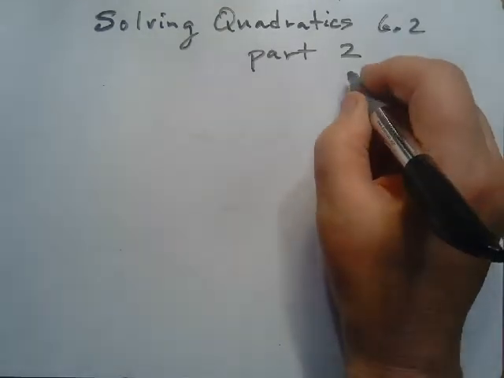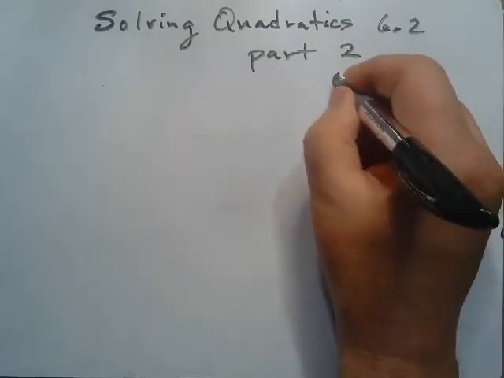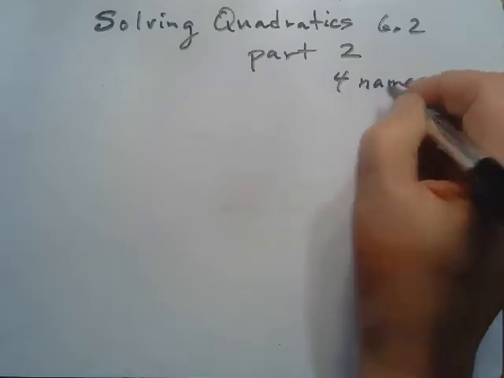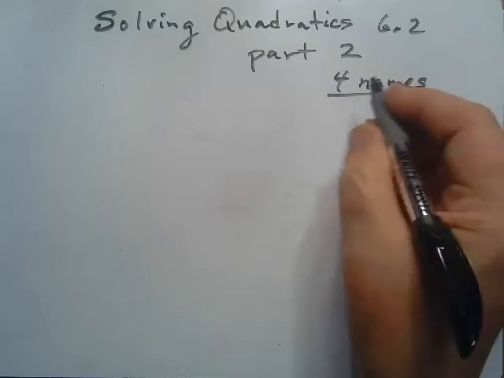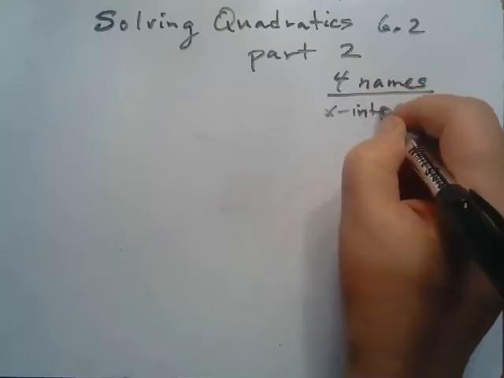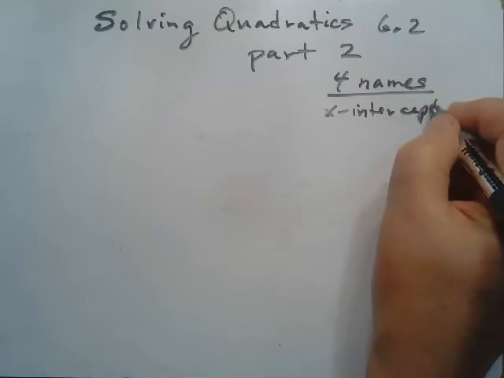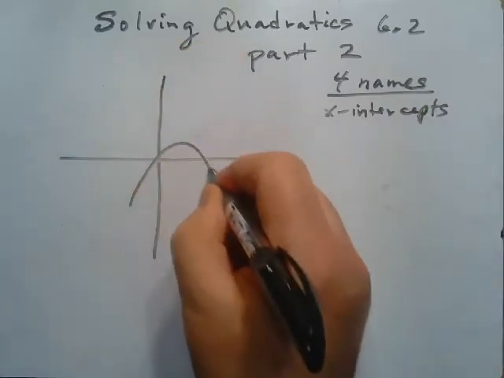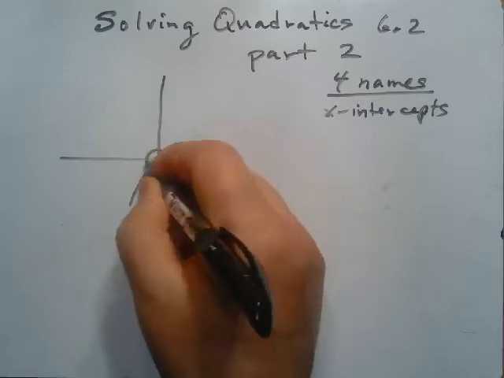There are four names for what we're looking for today. They could be called x-intercepts. Where does the parabola cross the x-axis? Here and here.